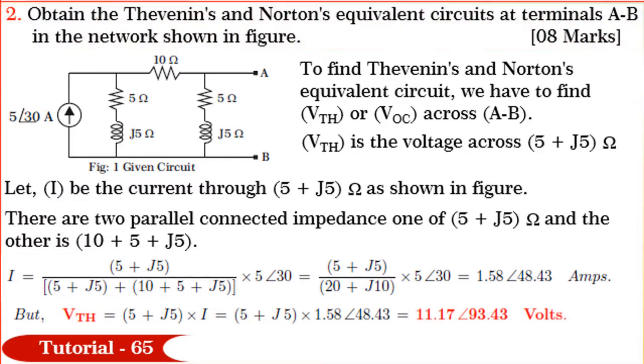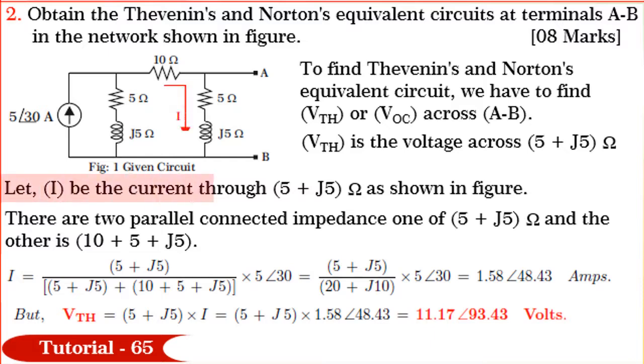In this question, we are required to obtain Thevenin's and Norton's equivalent circuits at the terminals A and B in the network shown in figure. We know that to find Thevenin's and Norton's equivalent circuit, we have to find V Thevenin or VOC across A and B. Observe that V Thevenin is the voltage across 5 plus J5 ohm impedance.